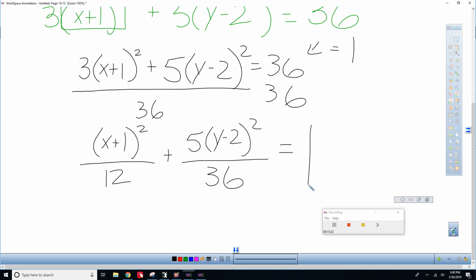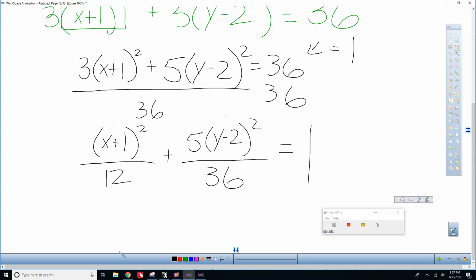And now I know that this is a really, really funky parabola that's been shifted left 1, up 2, and I think, let's see, what's bigger, 5 over 36 or 1 over 12? I don't even know. What's bigger? Well, let's just put this into Desmos real quick and see what it actually is.